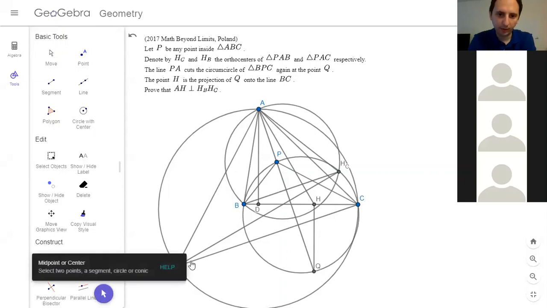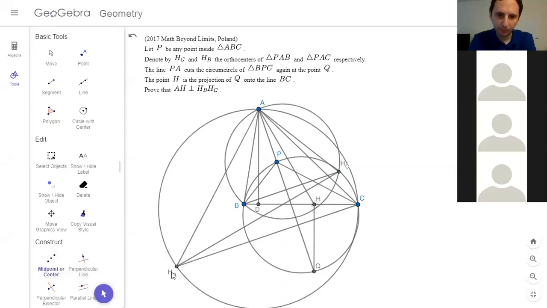Let me try something. How would I get HBH squared and HCH squared? That would be kind of tricky.